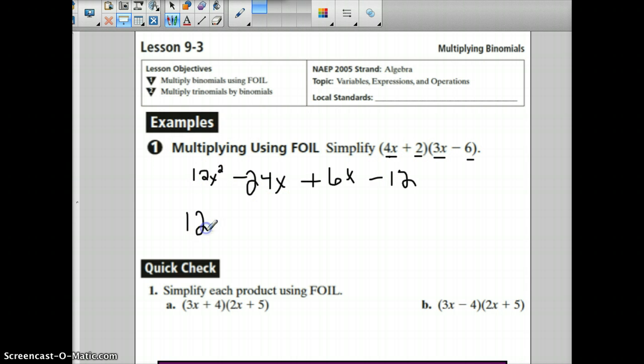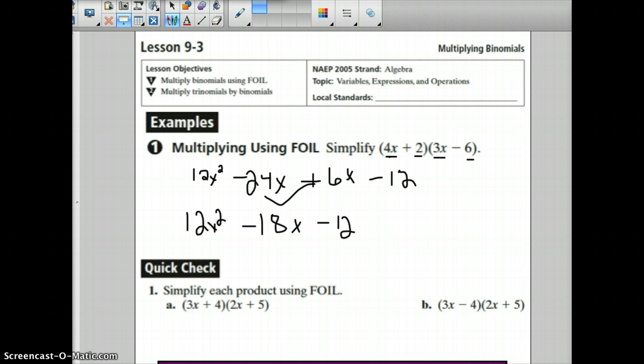Our 12x squared does not have a like term, but the minus 24x and the plus 6x leaves us with a result of negative 18x. So you can see how our outers and inners come together as one term, and then minus 12 does not have a like term. Go ahead and see how you can do in the quick checks.